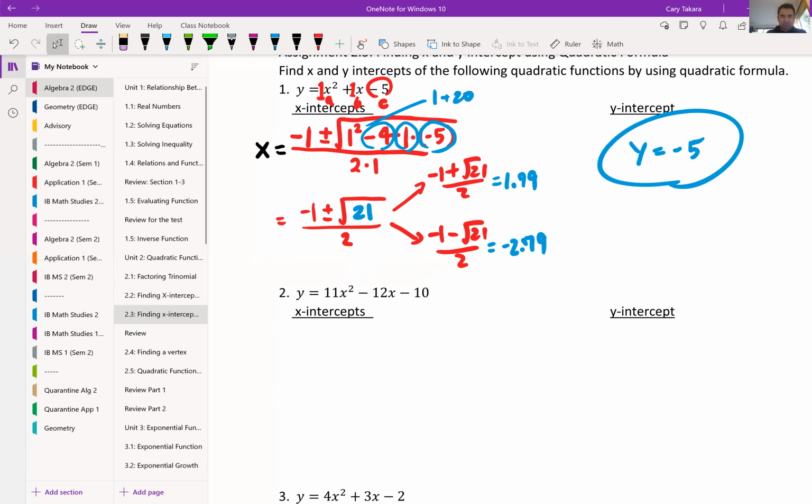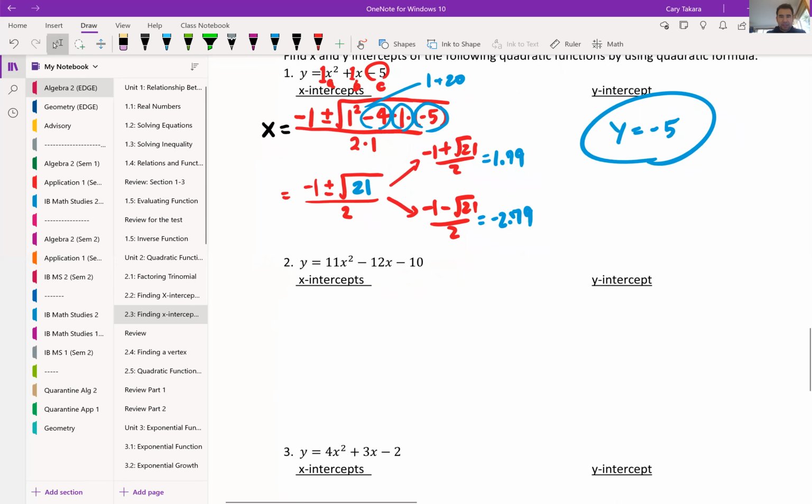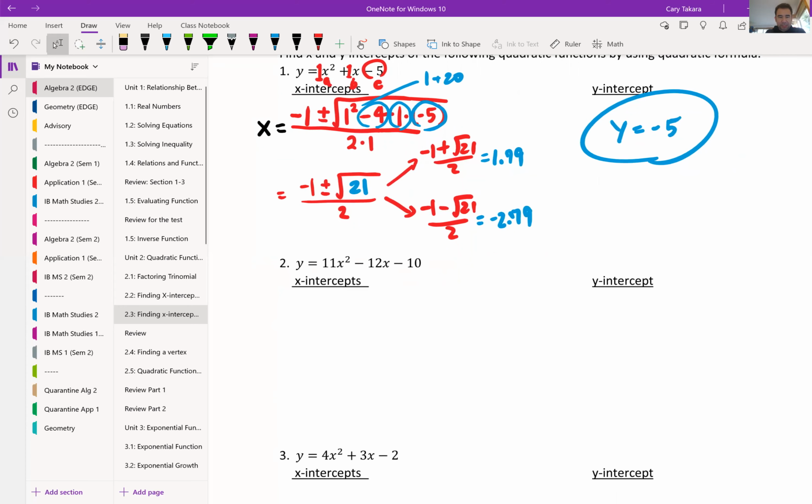How are you guys doing on number 2? If you're done with the number 2, here's number 3 as well.